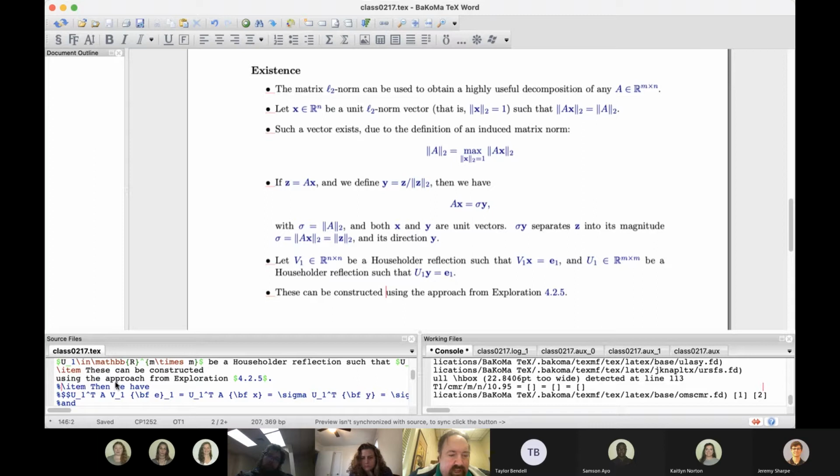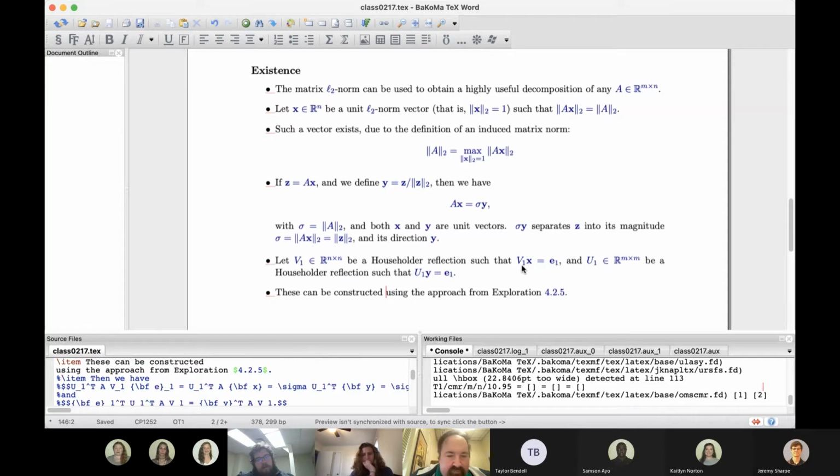Using the approach that I showed in class, I was dealing with a multiple of e1, but it can be done with any vector here, as long as the input vector x and the output vector have the same magnitude, because you're multiplying by an orthogonal matrix, which always preserves magnitude.